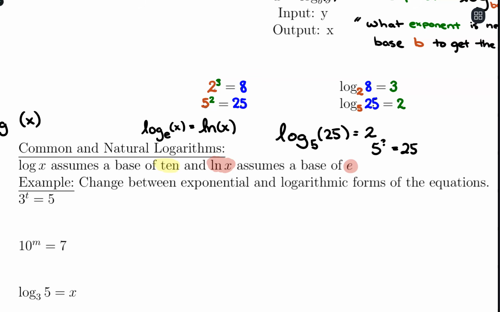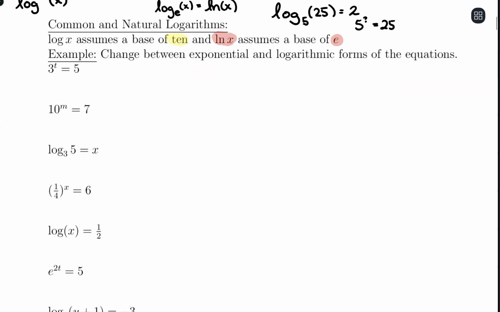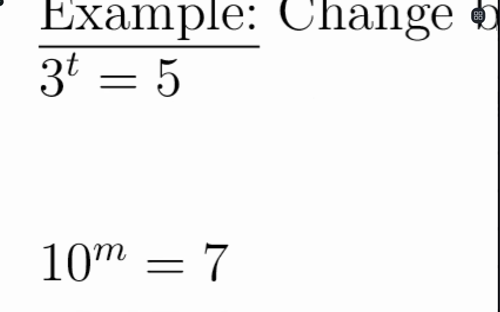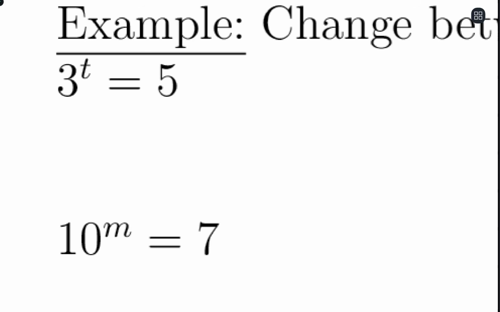So let's try switching between our exponential and logarithmic forms for these various examples down here. In this first example, we have 3 with an exponent of t equals 5. So 3 is our base, t is our exponent, and 5 is the value that we get out.